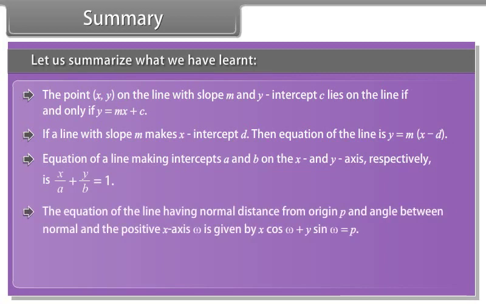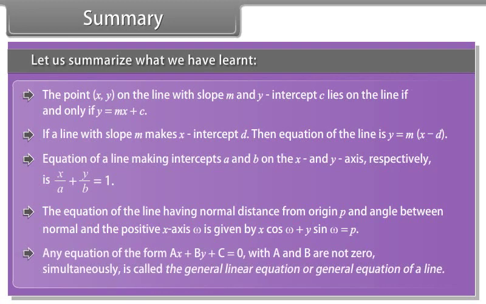The equation of the line having normal distance from origin p, and angle between the normal and the positive x-axis omega, is given by x cos omega + y sin omega = p. Any equation of the form ax + by + c = 0, with a and b not 0 simultaneously, is called the general linear equation or general equation of a line.